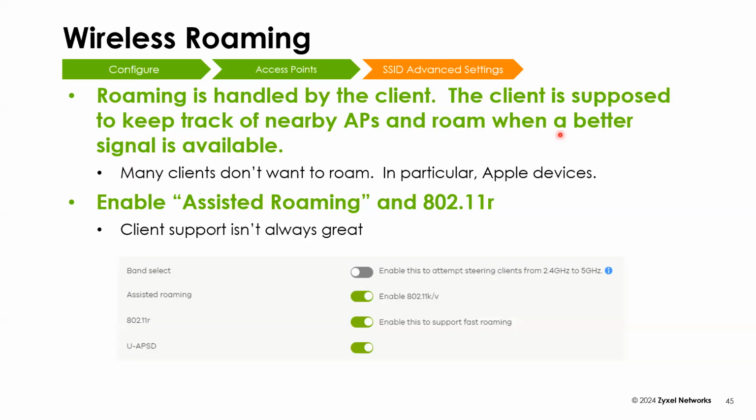One is turning on what's called assisted roaming, 802.11k/v/r. If the client device supports assisted roaming, it allows the client device to communicate with the AP and helps smooth over that process and have better visibility of what's going on in the network. So it can be more active as far as jumping between access points when needed.